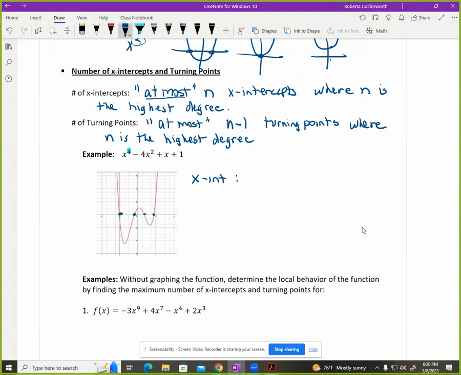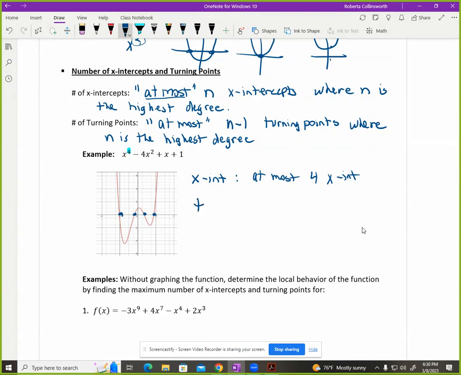And I see that they are because I have a graph of that. But if I didn't have a graph and I just had this equation, I would know that I could possibly have at most 4 x-intercepts. But I see that I do have 4 on this graph.